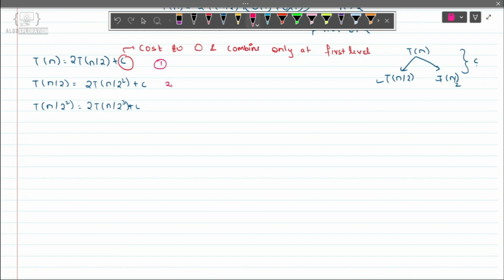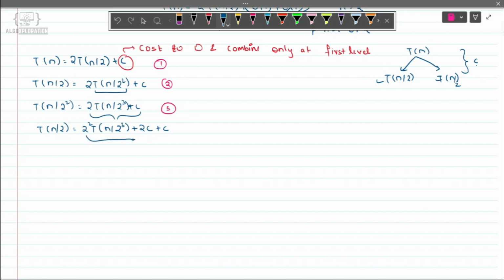So this will be the second equation and this will be the third equation. Now substituting this value in this part, we get T(n) equals 2²T(n/2²) plus 2c plus c.